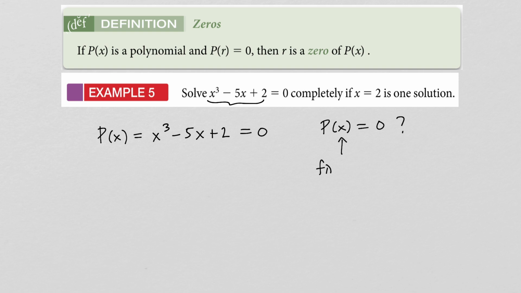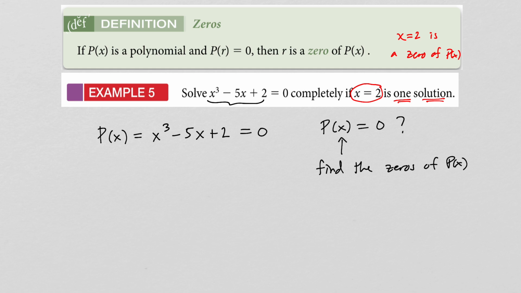So what they're asking us to do is find the zeros of p of x. Now, they're telling us that x equals 2 is one solution to this equation. So they're basically telling us that x equals 2 is a 0 of p of x. So they've given us one of the zeros. We want to find the others.